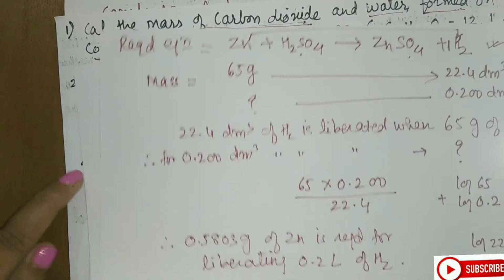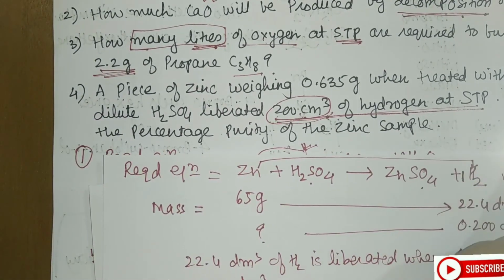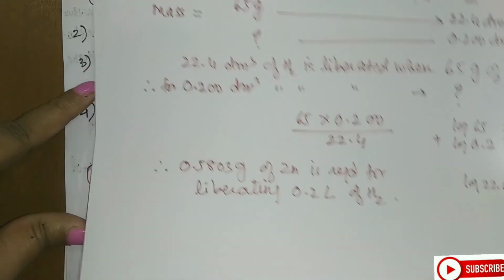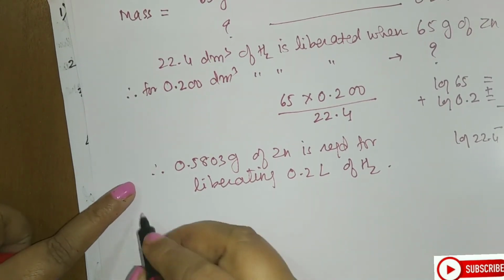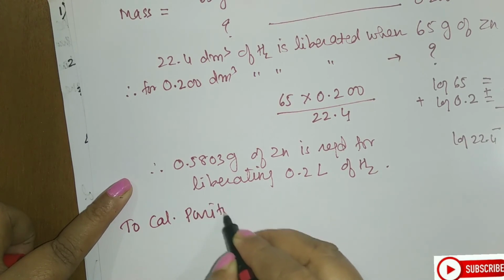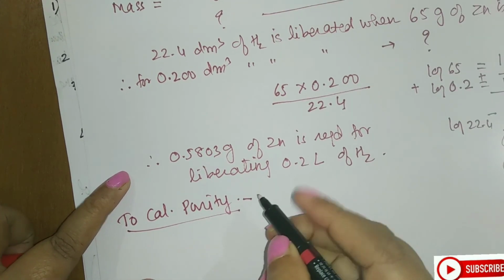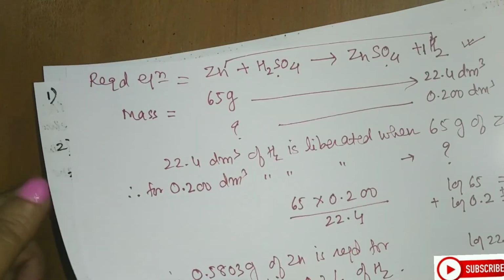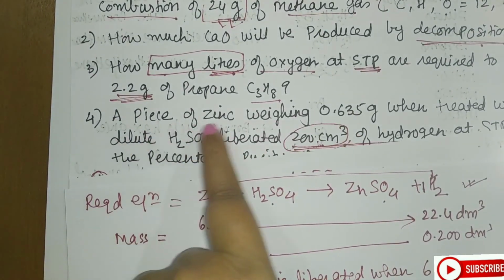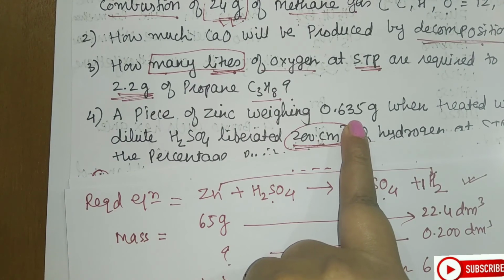So we have solved the first part of this. They are asking you to calculate the percent purity of the zinc sample also. To calculate purity, your equation will be based on how much zinc they have used here. If you see the question, they are using a piece of zinc weighing 0.635.